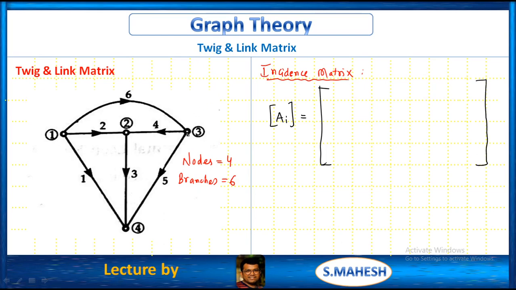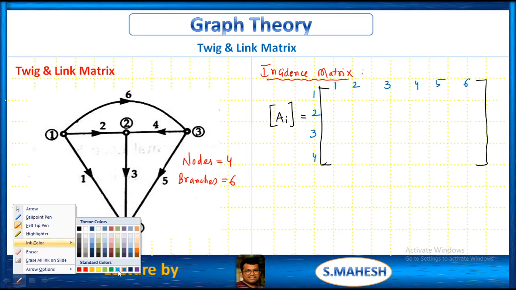Let us say how many nodes? 1, 2, 3, 4 rows. Like that, branches: first column, second column, third column, fourth column, fifth column, sixth column.